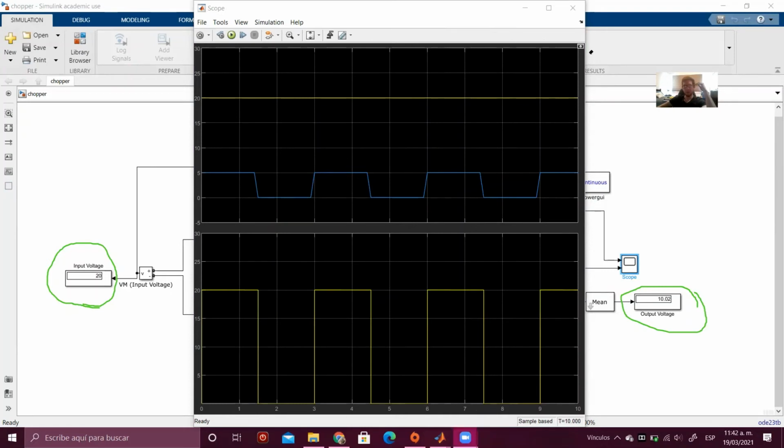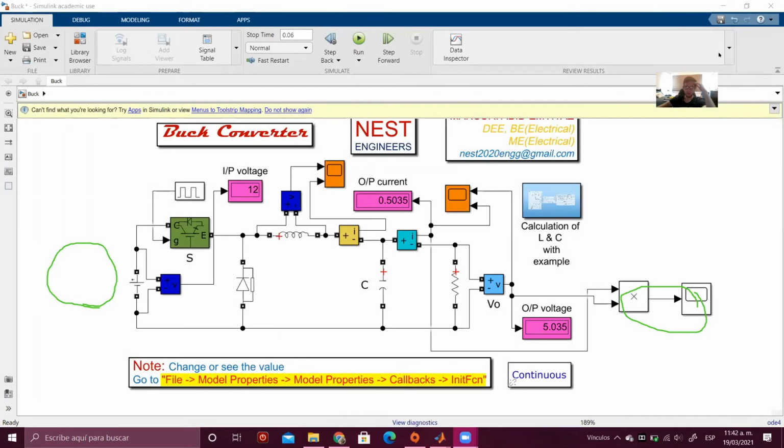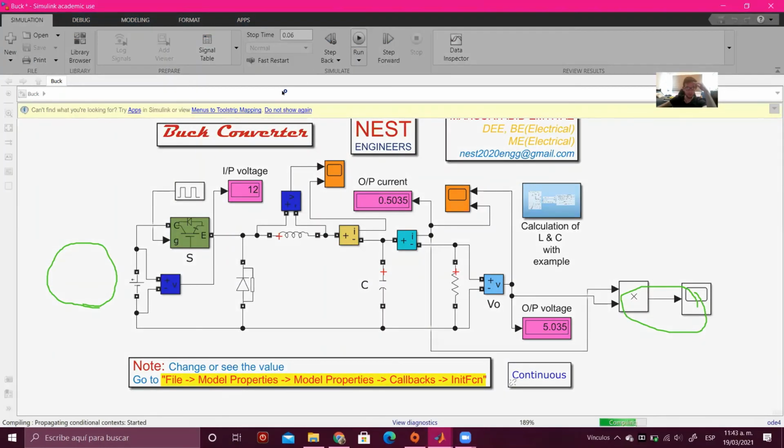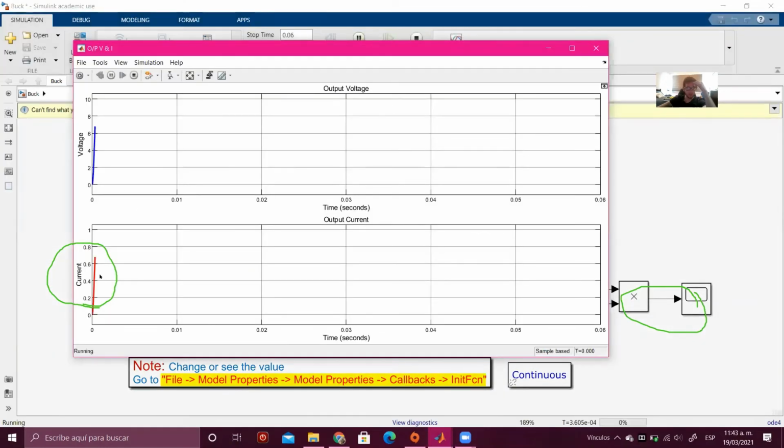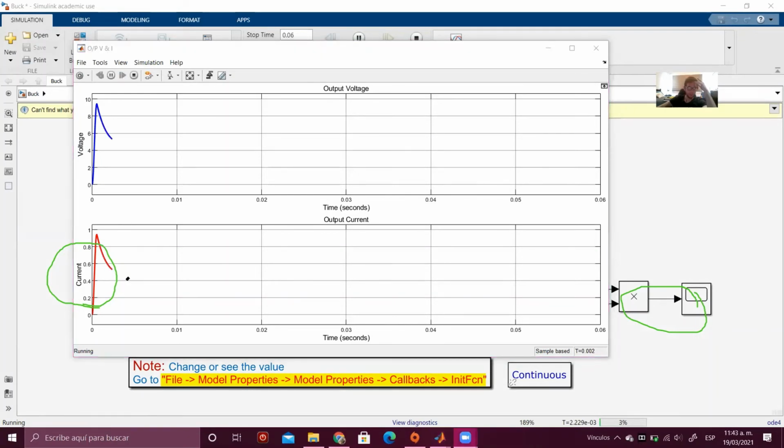Now, with the boost converter, we run the simulation, and we can see that when the voltage is decreasing, the current is changing at the same time, at the same rate, right here and here.